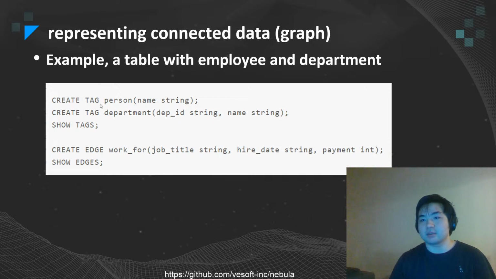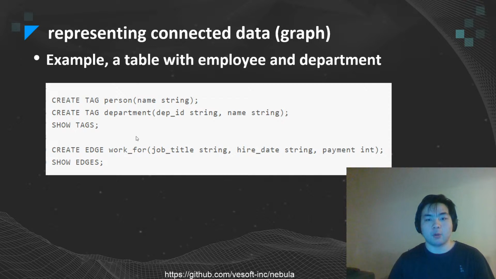In a graph database, we create tags for different vertices, which define the vertex attributes, such as a person having a name, and a department having an ID and a name. And then after we define the vertices, we define the work-for relationship, which represents people working for different departments with their job titles, holidays or payment information. And once we define those things, we can easily build the table for such a solution.